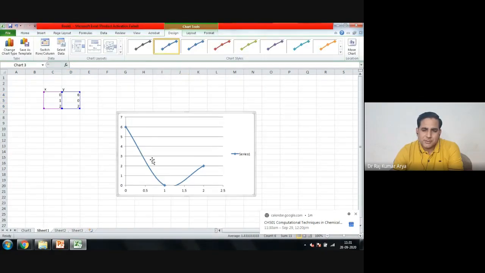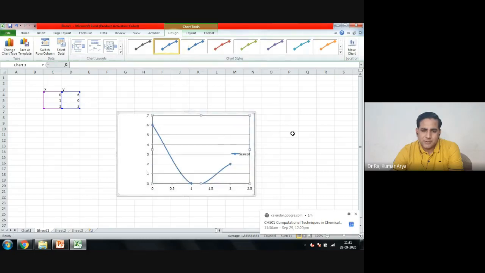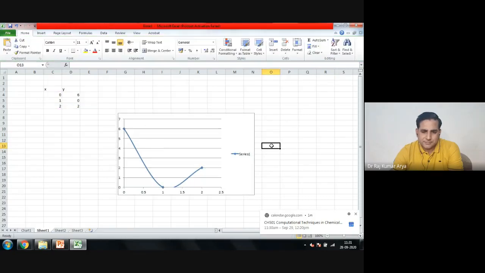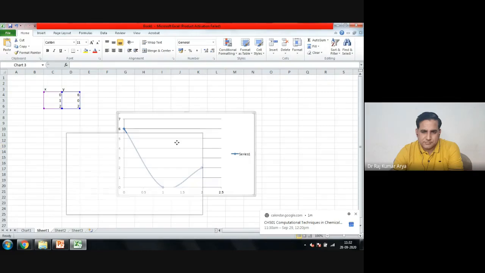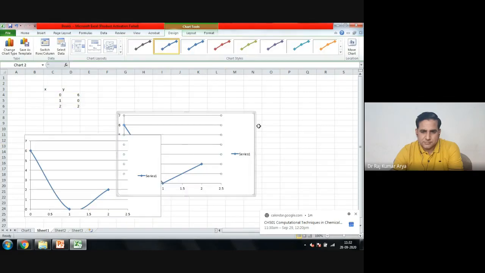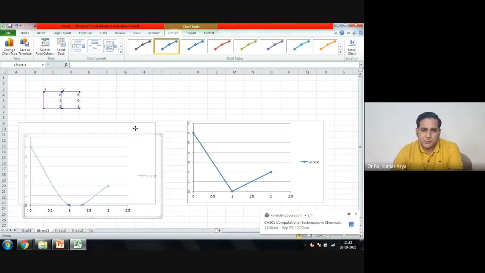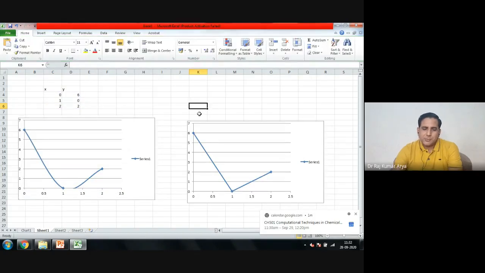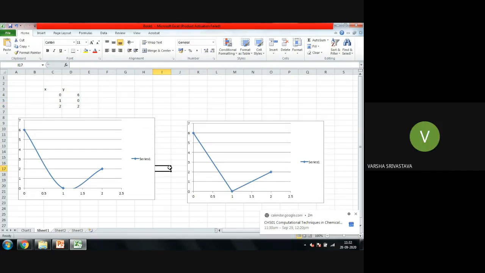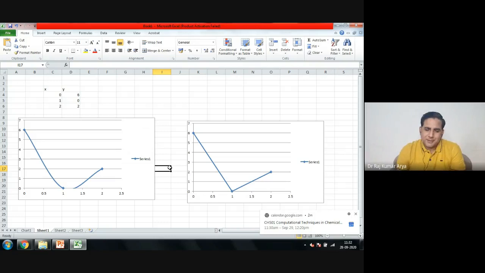So this way your graph is somewhere. So these were your two. But either of them should be correct, right? Yes or no? Either this one or this one.